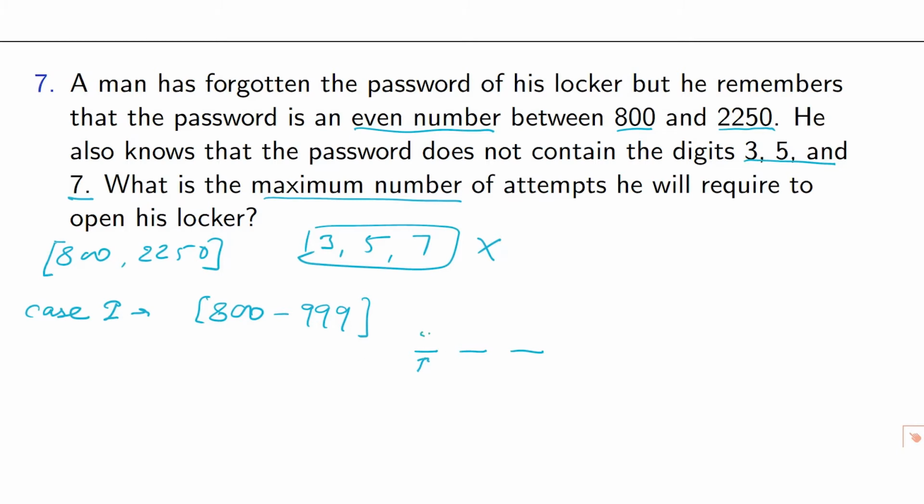For the second place we have all the choices from 0 to 9 except 3, 5 and 7. That is, we have 7 choices for the second place. And for the last place, since it is an even number, we have 5 even digits and all 5 digits are possible here. So the total number of integers between 800 and 999 is 2 into 7 into 5. That will be 70.